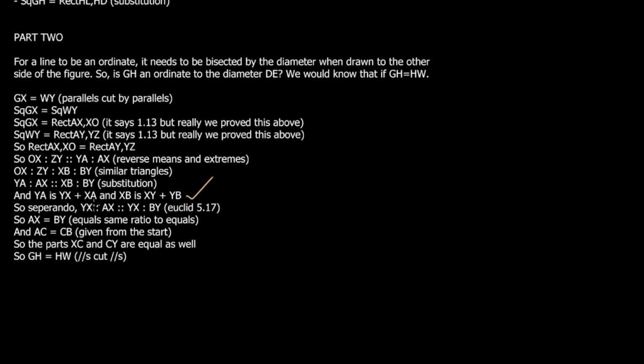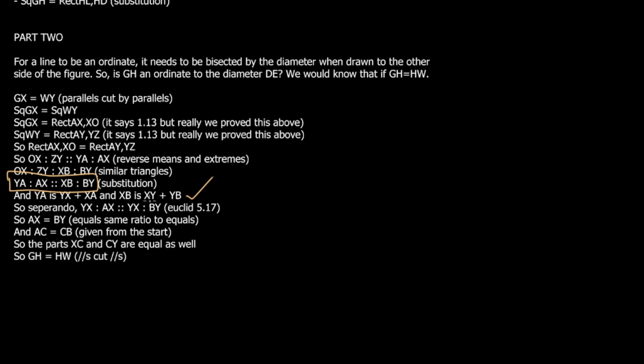So, separando: YX is to AX as YX is to BY. So what we're doing is we're taking this step here, and we're doing YA minus AX and XB minus BY. That's what separando is.